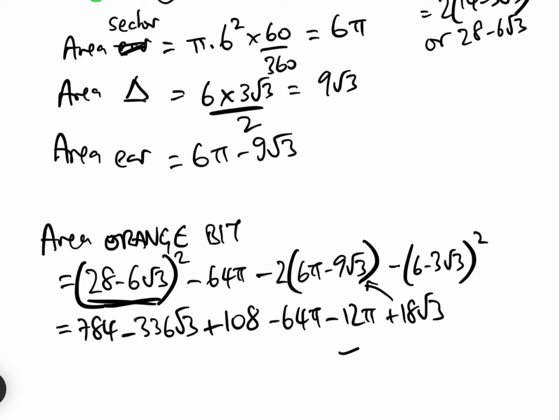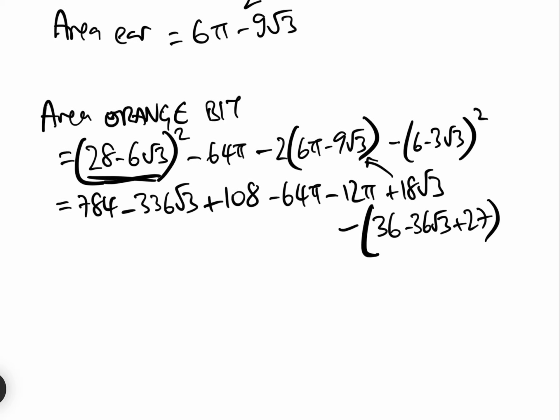Now I'm just expanding that one. And then minus, let's keep the bracket in just to make sure we don't make any mistakes with the signs. 36 minus 36 root 3, add 27.